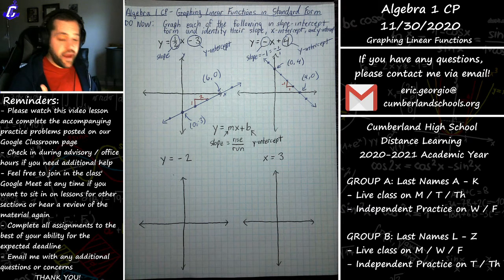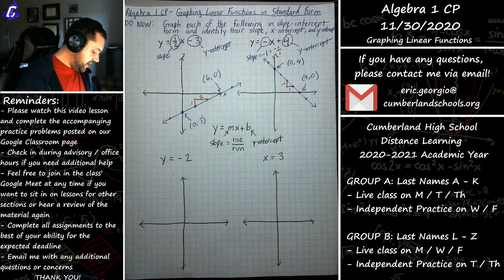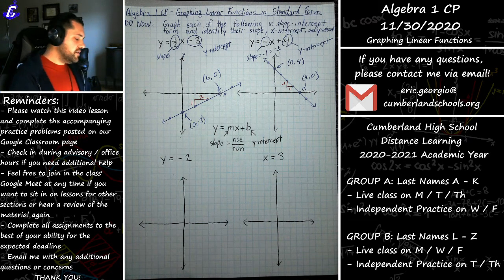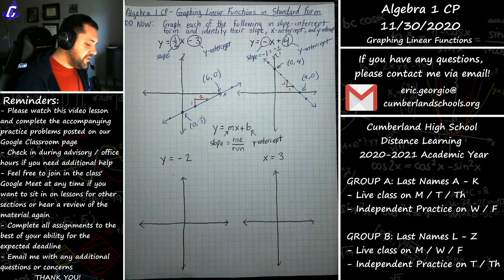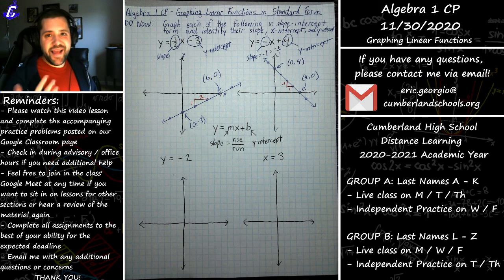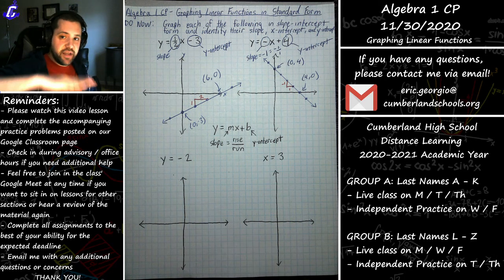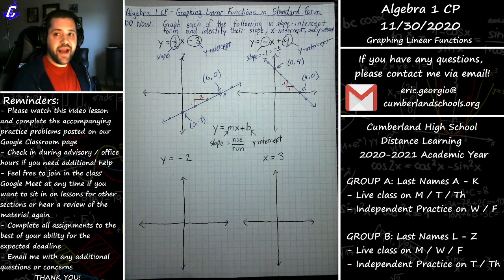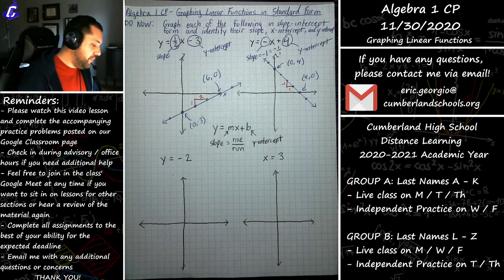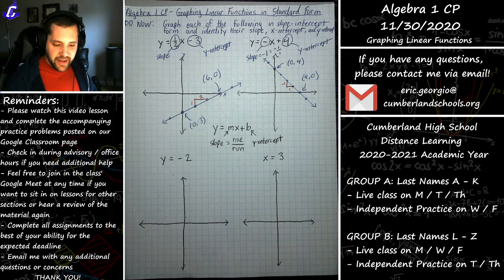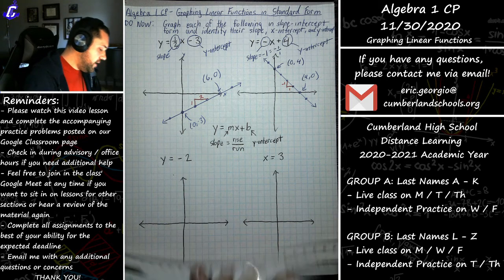Hopefully those went okay. The last two are just a good example, a nice reminder of vertical lines and horizontal lines, respectively. So y equals -2. Remember, when you have y equals a constant, that's going to be a horizontal line with 0 slope. It's almost like if you had y equals 0x minus 2. And you could say, well, that's going to be a horizontal line that goes through the y-axis at -2, right here.